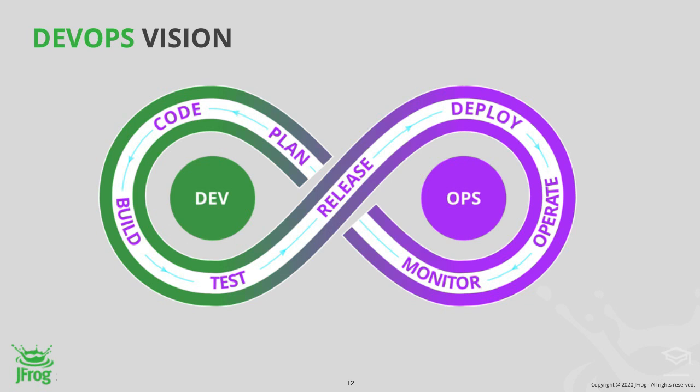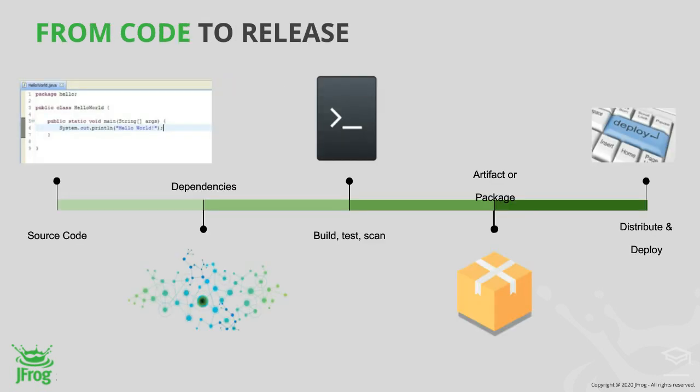Another way to look at this is that you have some source code in your environment, and you are using some dependencies. Coding these days is composed of more than 80 or 90% dependency code, I mean, third-party libraries, open source, and stuff like that. And then once you build it, you create an artifact or a software package that can be distributed and deployed.